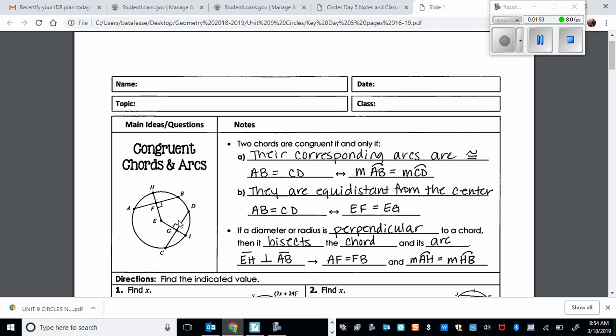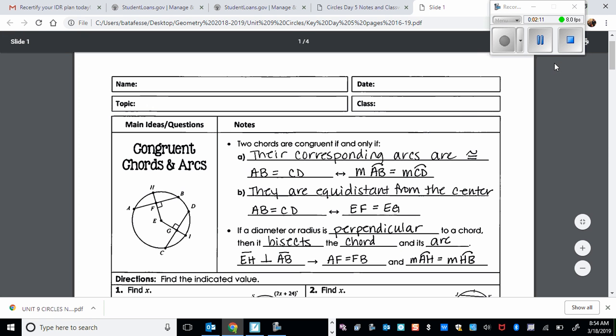So if this is 90, that means DG is congruent to GC. If F is 90 degrees, that means BF and FA are congruent. The same way with the arc: AH is congruent to HB, DI congruent to IC. Make sure you write this down, and everything else we do after this follows this rule.